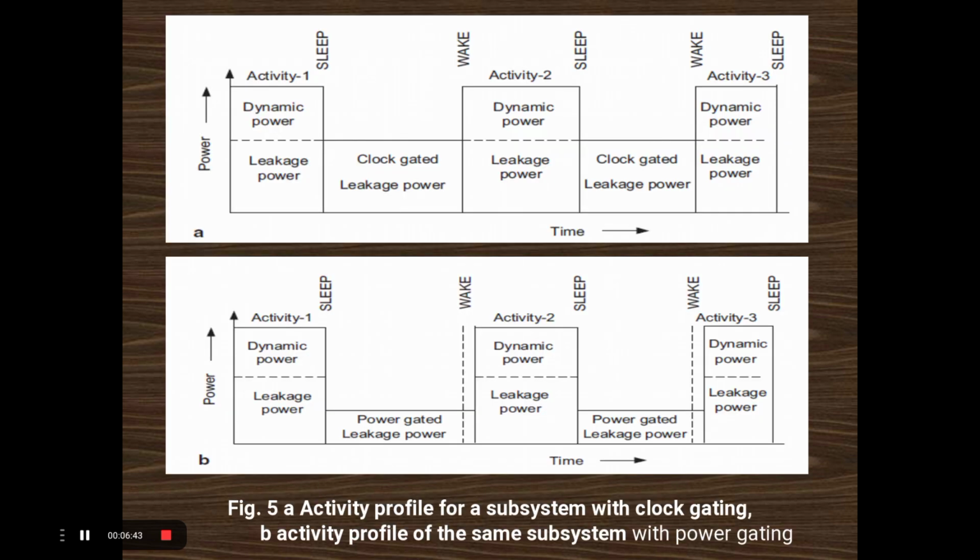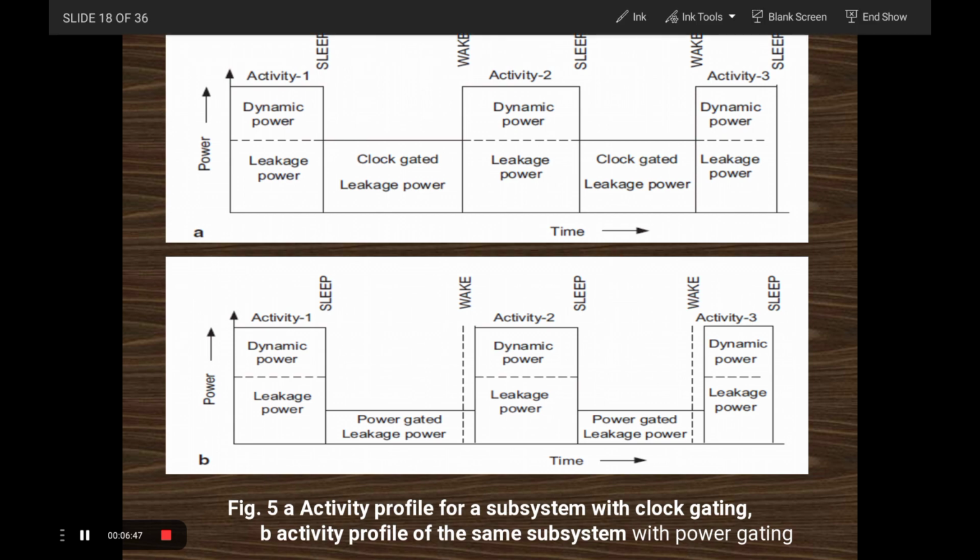So let us see the difference between them. It is a very important diagram. The first one shows how clock gating was used in the previous section. The axes show power against time. The total power is the sum of dynamic power and leakage power.